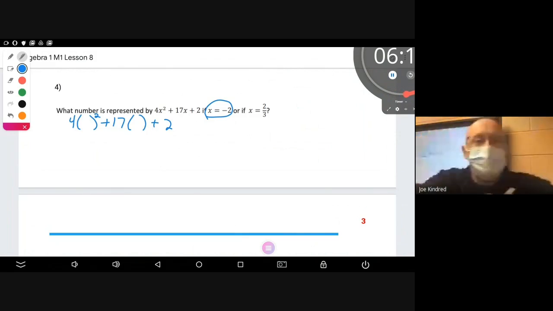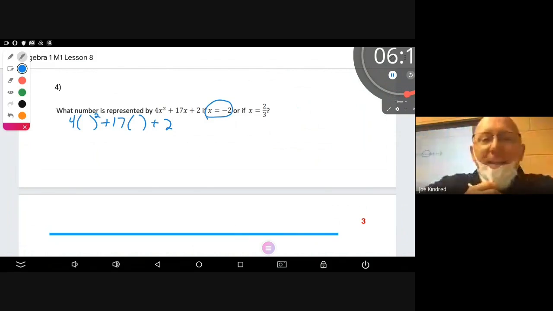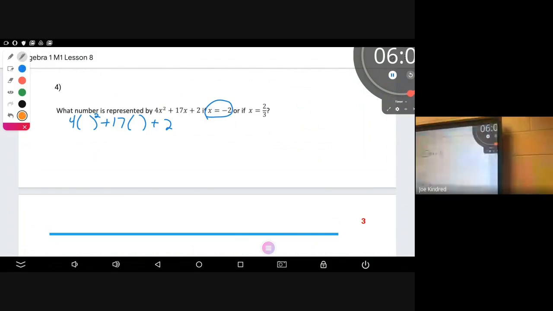Now this one says what number is represented, and they give you actually 2 of them. If x is -2 or if x is 2/3. So we're going to do -2 first and see what that entails. Plug in -2 first.